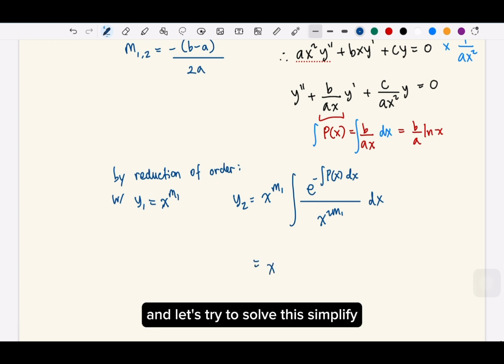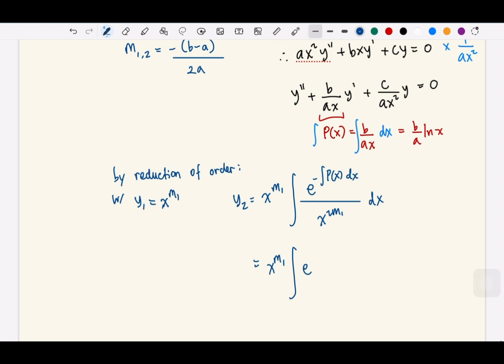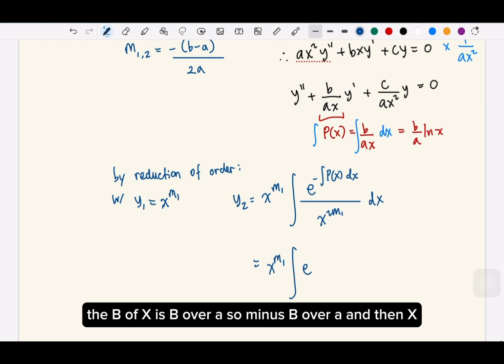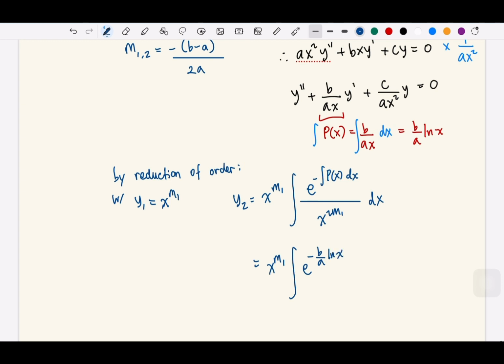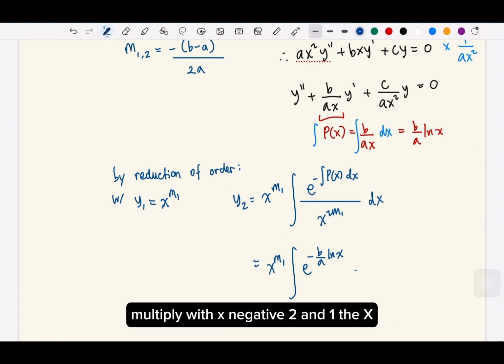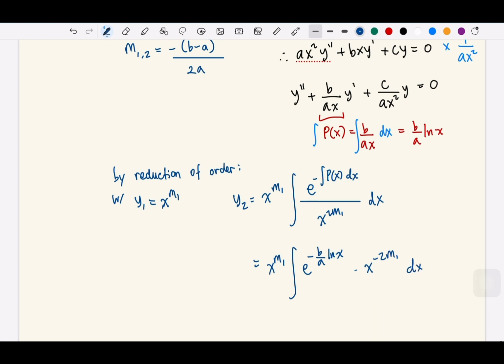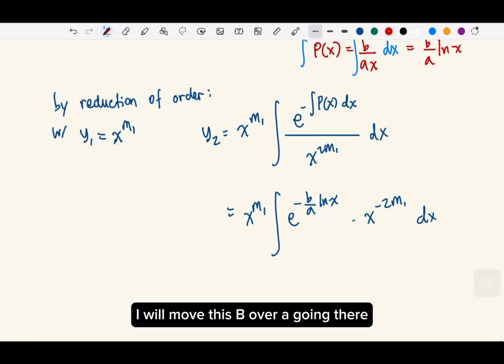Let's try to solve this and simplify. The p of x integral is b over a, so it's minus b over a ln x. And then this will be multiplied with x to the negative 2m1 dx. I will move this b over a inside, so ln and e will cancel.